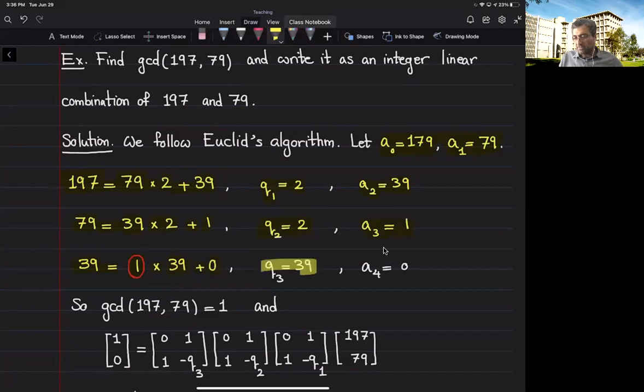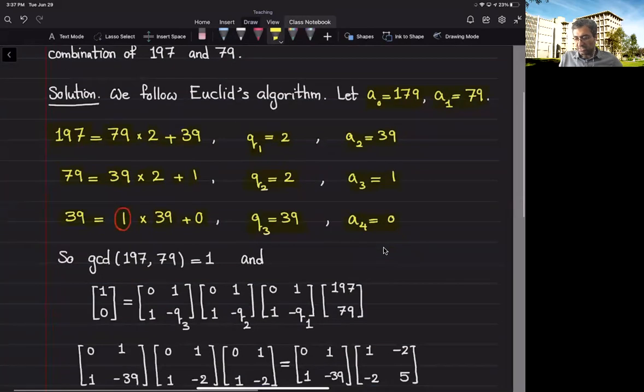The quotient this time is 39, and the remainder is 0. And we stop. Euclid's algorithm tells us that the last non-zero entry in this process is the GCD. Therefore, the GCD of 197 and 79 is 1.